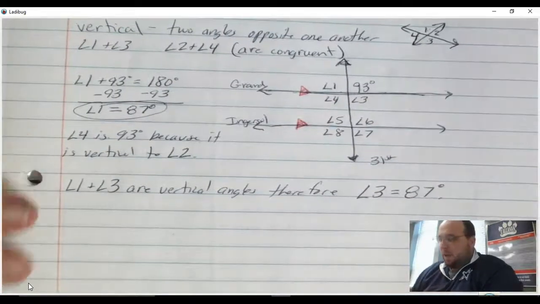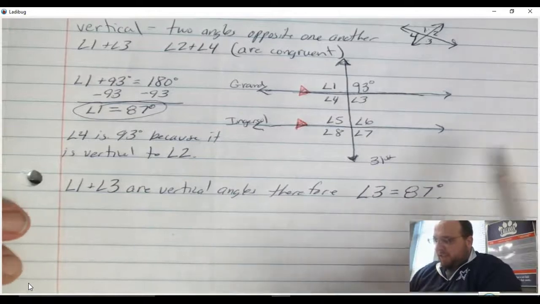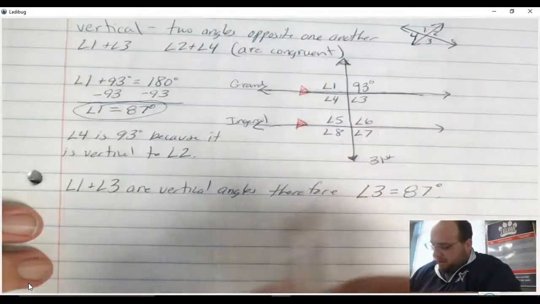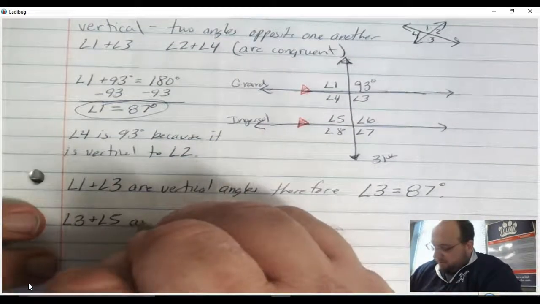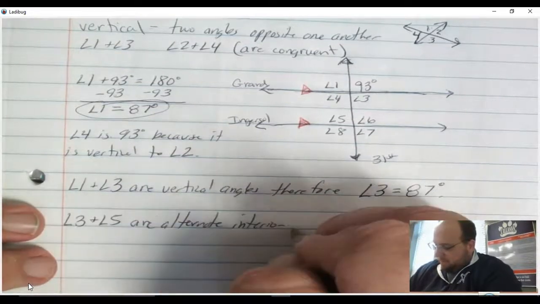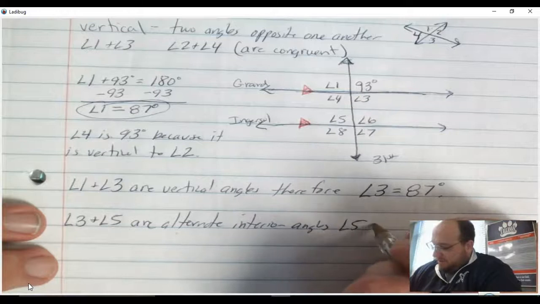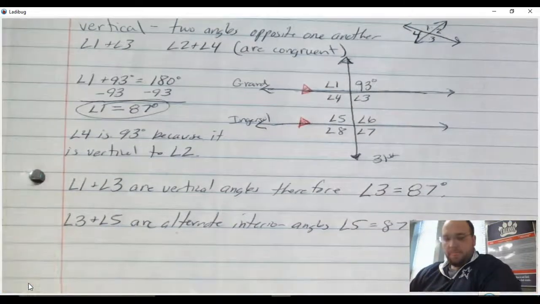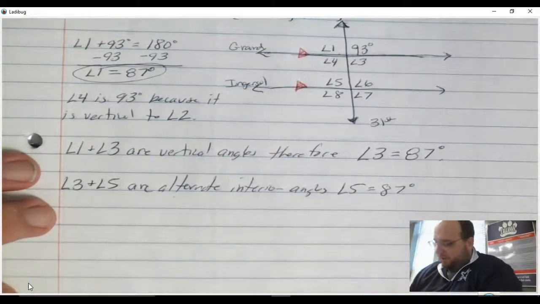I can also use what I learned in the previous video about corresponding angles and alternate exterior angles. Alternate exterior angles and alternate interior angles are congruent. So because I found this, I can find the other measures. Because angle 3 and angle 5 are alternate interior angles, angle 5 is equal to 87 degrees too, since alternate interior angles are congruent.